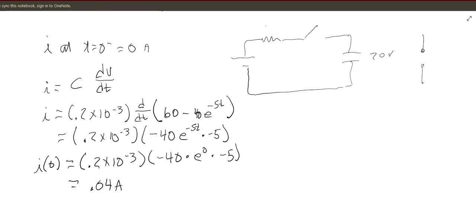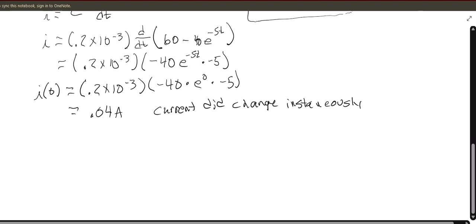If you multiply this out and you don't get 0.04 amps, then I probably did something wrong. So, did the current change instantaneously? Yes, the current did change instantaneously. So that was part B.